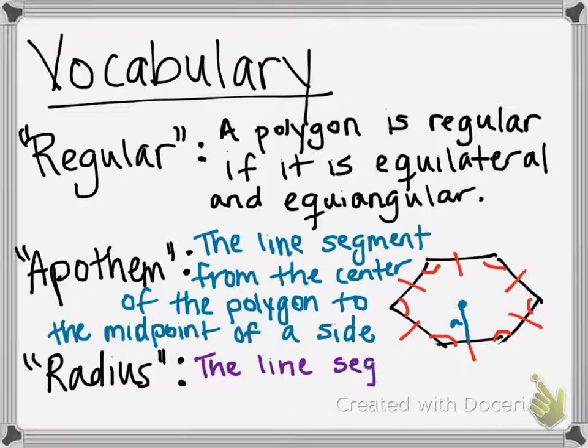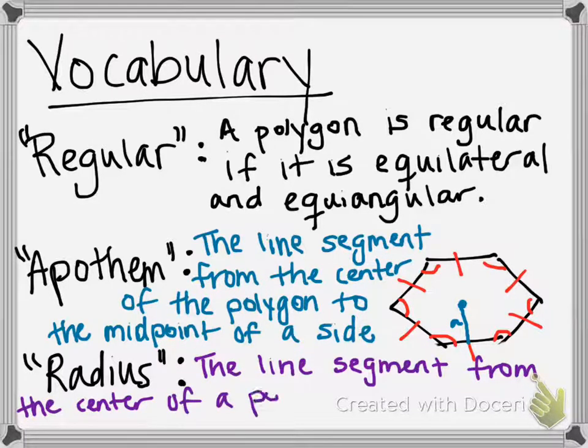And the radius is the line segment that goes from the center to a vertex. So notice that in the image, the apothem is in blue. It goes from the center to the middle of a side, but the radius goes from the center to a vertex of one of those sides.